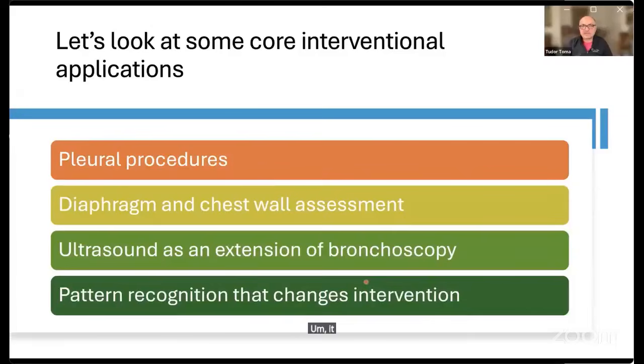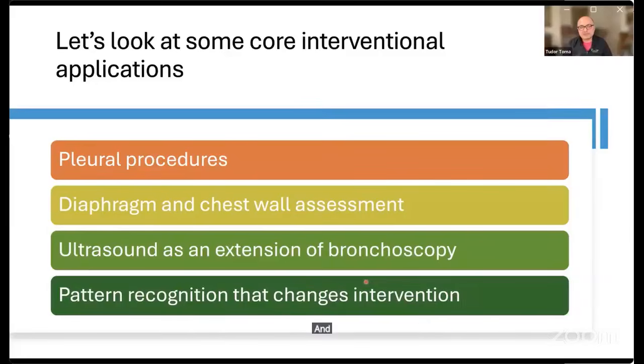It's very interesting how you can use ultrasound as an extension of bronchoscopy. And I like to say that in effect, interventional bronchoscopy or interventional pulmonology is mainly only about ultrasound. So it's ultrasound in the lung, ultrasound outside of the lung, and ultrasound is key for the interventional procedures.